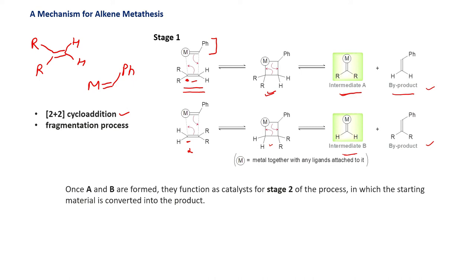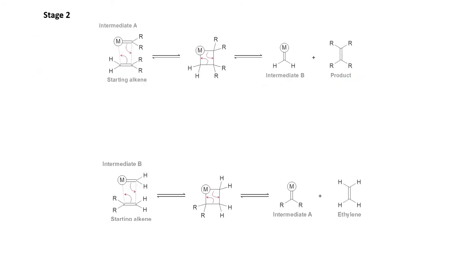Now stage 2. What will be stage 2? In stage 2 your intermediate A will react with the starting alkene. First we take the case where your metal will go with the less substituted carbon.